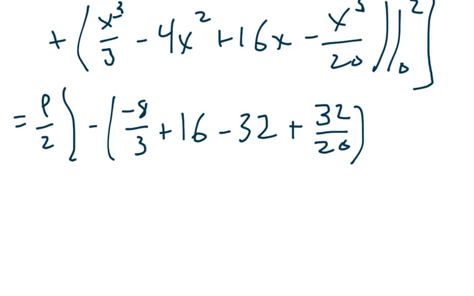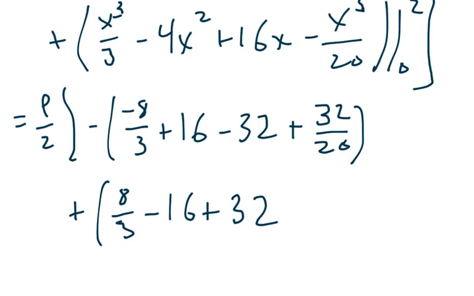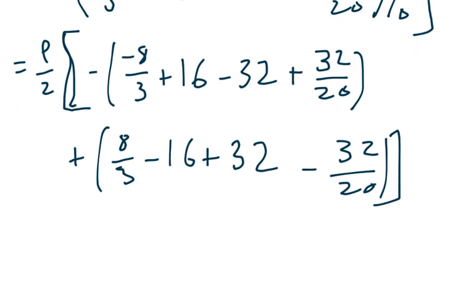That's this one, and then on the other term we're just going to have 8 over 3 minus 16 plus 32 minus 32 over 20. And if you see, a lot of these terms are the same.